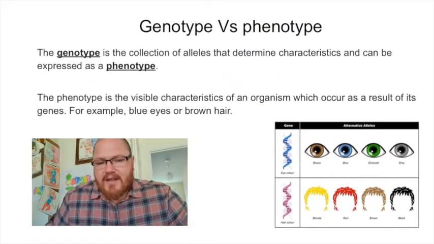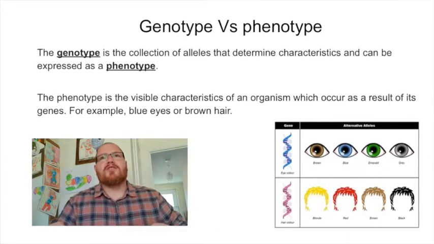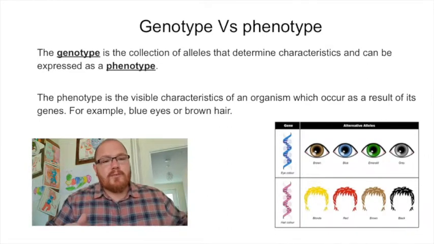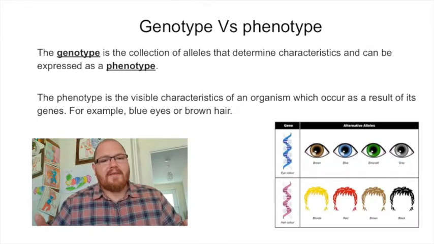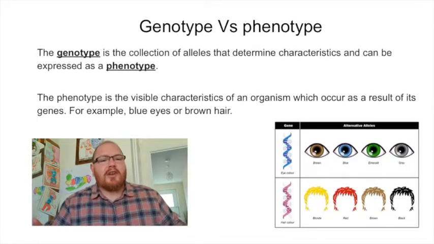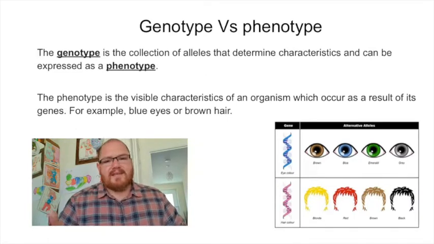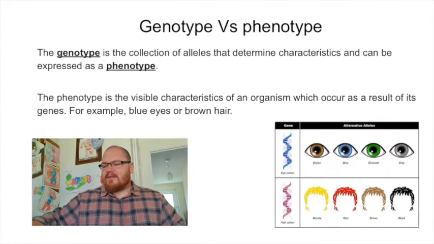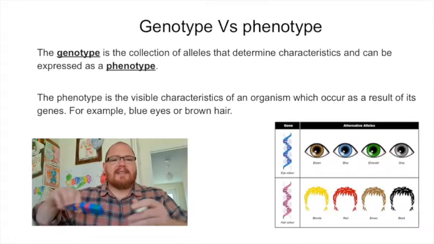Okay, two more words here, genotype and phenotype. I'm not going to dwell on this too much because once we start practicing, these terms get a little bit more familiar, if you know what I mean. So it's like learning a language. If I told you this means that and did not put it into practice, it's really hard to access it in your brain. So a genotype is a collection of alleles.